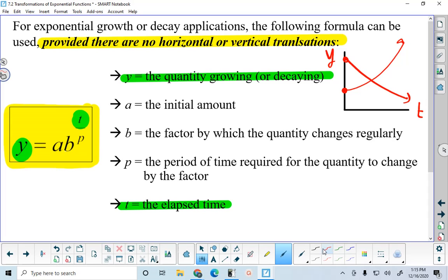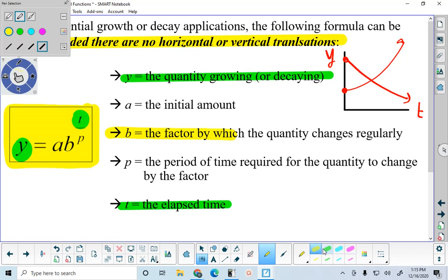So those two letters, y and t, are variables, but everything else is a parameter. A is a parameter, B is a parameter, and P is a parameter. Please do not think of A and B as having anything to do with stretches. A is the initial amount of the thing, and B is the factor by which things change regularly. We already talked about B, everybody.